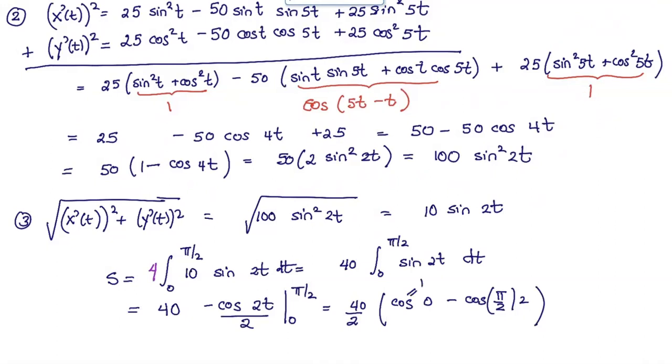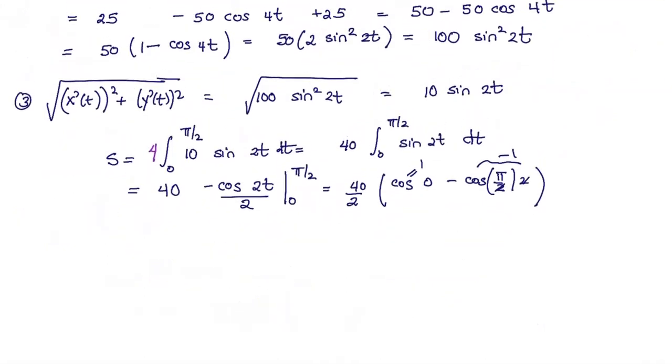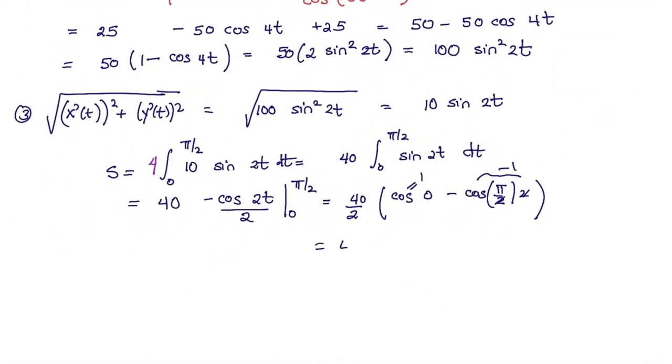But this is going to equal 1. The 2's are going to cancel out, and this will equal minus 1. So I now end up with 40 all over 2 times 2, whereby I get that the arc length will be 40 units.